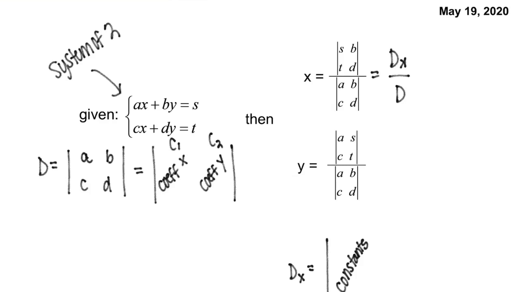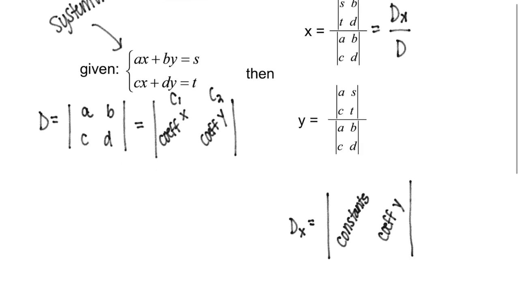The coefficients of y stay. And for the determinant of y, the coefficients of x stay, that's in column 1. And what do we replace the coefficients of y with? The constants. When I say constants, I'm talking about s and t.